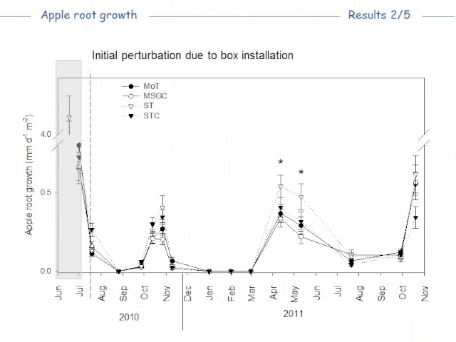Was the root of apple modified by the management system? Yes, we can say yes. Mainly, we had an increase of root growth due to the shallow tillage.